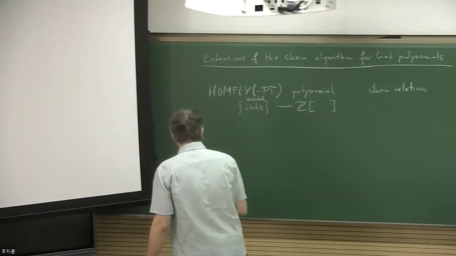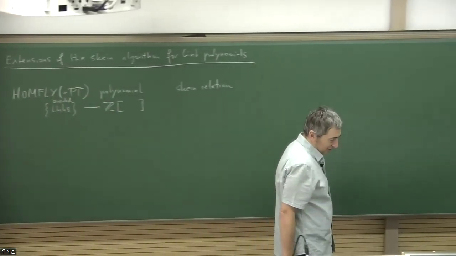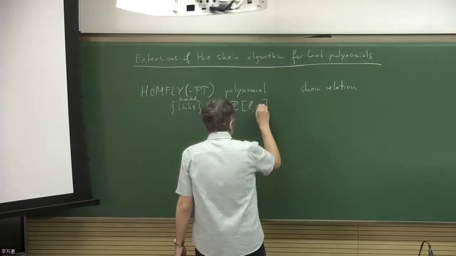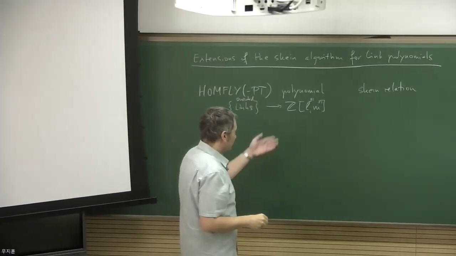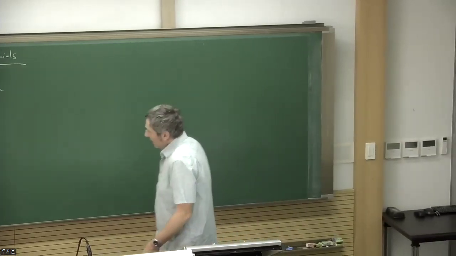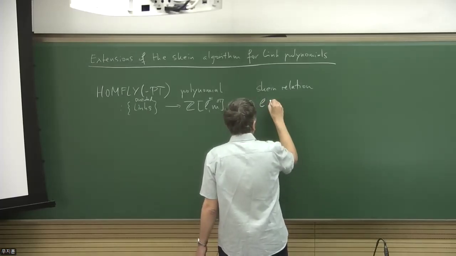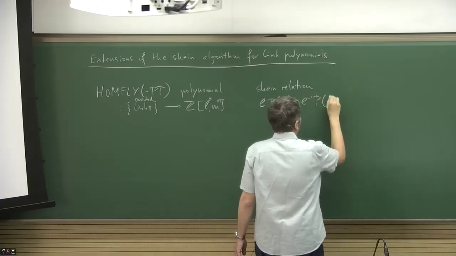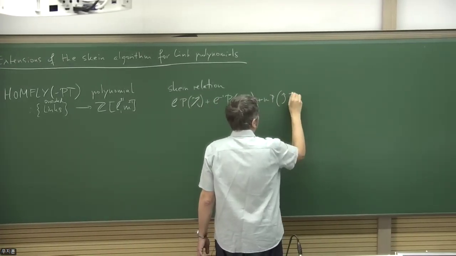Last time I used Z and V, but in order to conform more to the Millett-Ewing convention, I will call these variables now L and M. Now, I again emphasize the powers can be negative, so it's a ring of what is called Laurent polynomials in variables L and M. And the polynomial satisfies this skein relation: L P of positive plus L inverse P of negative plus M P of smoothed out is equal to 0.